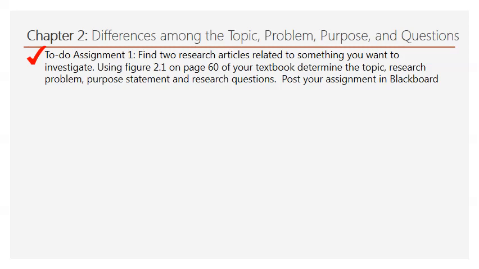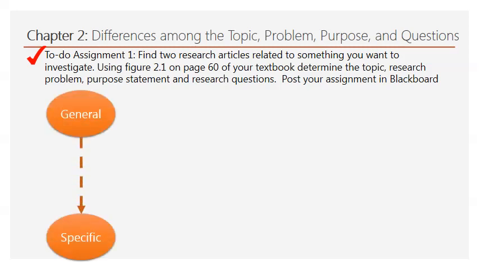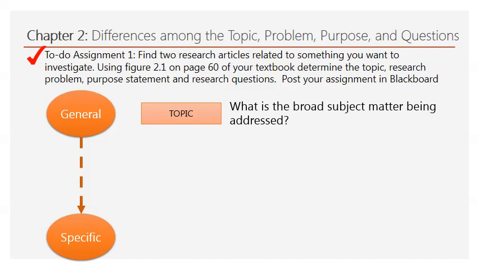To help you identify these key introductory terminologies pertinent to reading a research article, your to-do assignment 1 is to find 2 research articles related to something that you really want to investigate. You're going to use figure 2.1 on page 60 of your textbook to determine the topic.